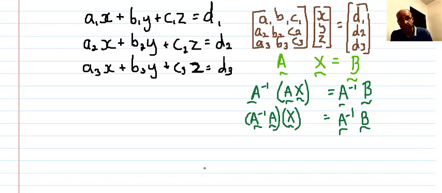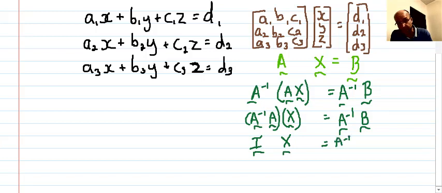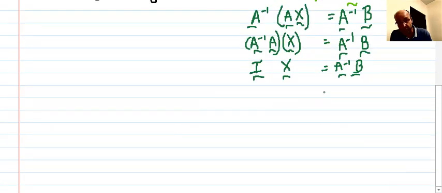If we associate our matrices differently, we would have A inverse times A times X, which equals the same right hand side. As we know, if the inverse exists, we then get the identity matrix. So I times X equals A inverse times B. This should be familiar if you've seen our work previously on 2x2s.